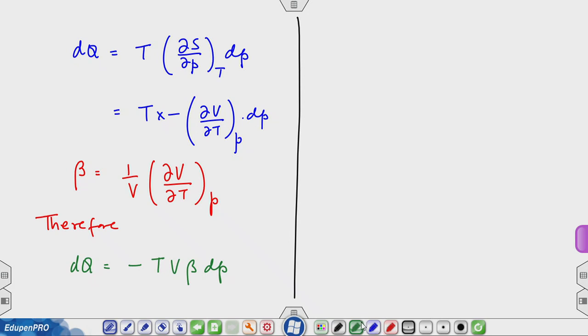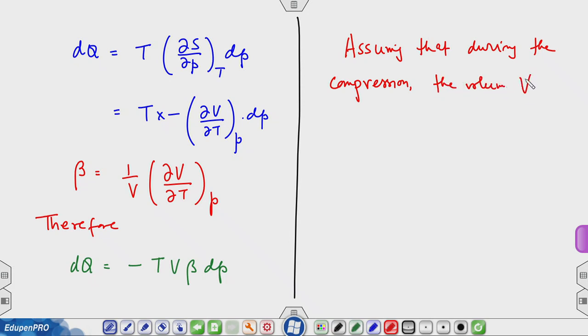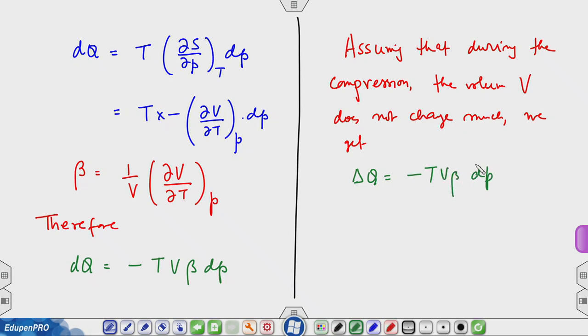Now, assuming that during the compression the volume V does not change much, we get delta Q equals minus T V beta dP integral, which will be minus T V beta times Pf minus Pi.